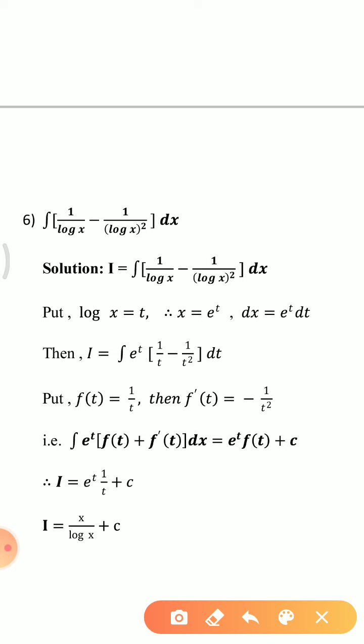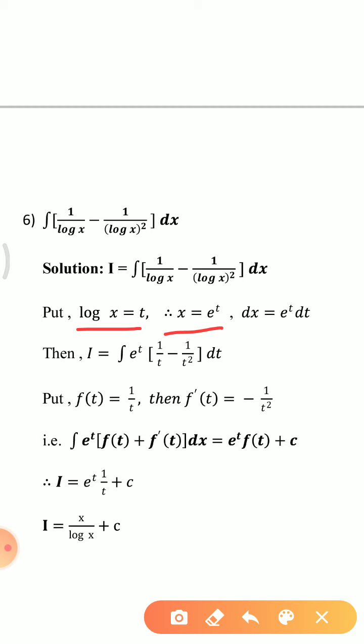Integral of (1 by log x minus 1 upon (log x)²) dx. We have to adjust here because the exponential function e raised to x is not given, and this is not possible to solve directly. So we first substitute log x is equal to t, converting the logarithmic function into the exponential function using the rules of logarithm.